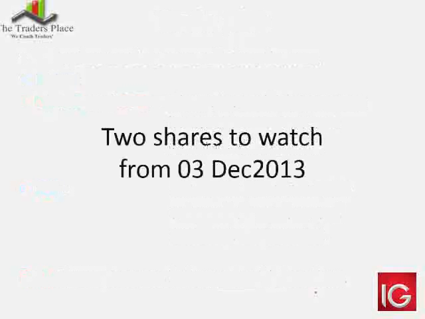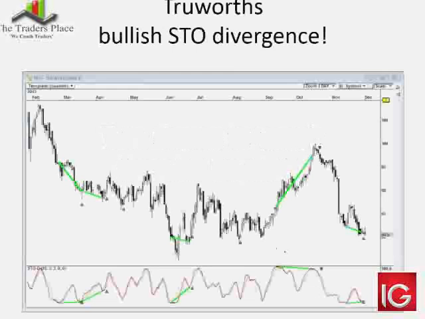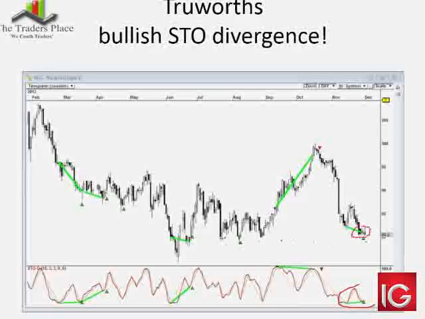And then I thought I'd throw in 2 shares that gave buy signals this morning. The first one is Truworths. We have an oversold stochastic. Oversold area, it's given us divergence, confirmed the divergence, and the price is sitting on a tiny little support level there, but it's pretty close to an average support based on history.